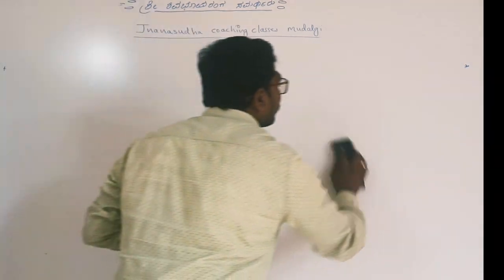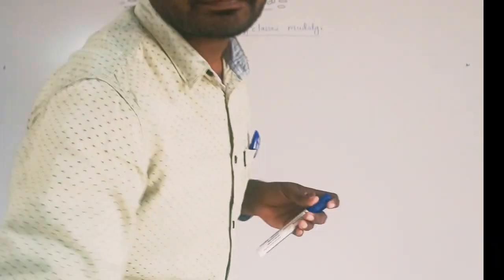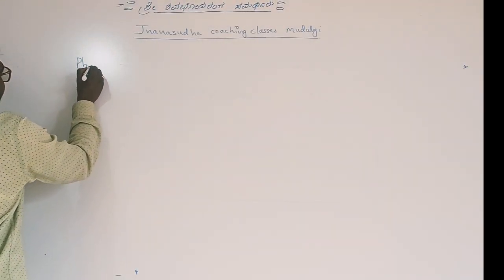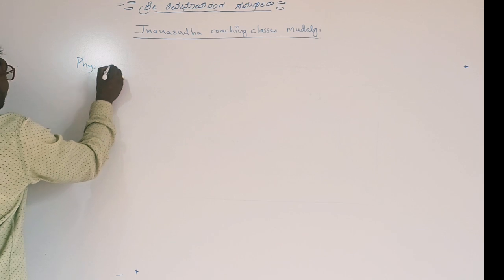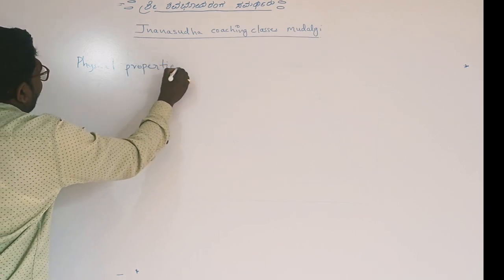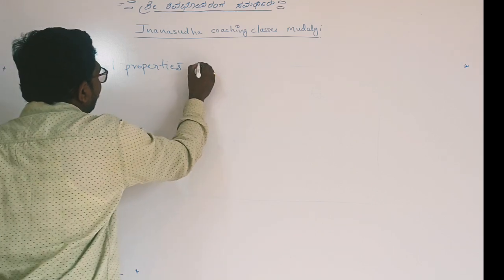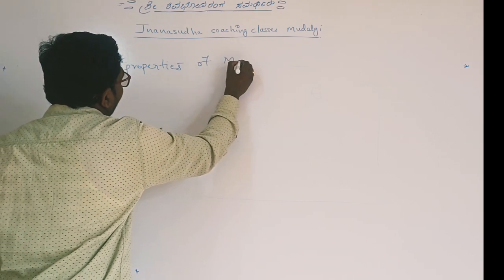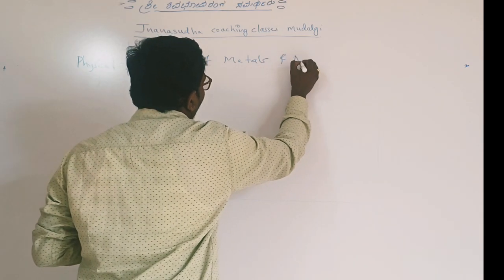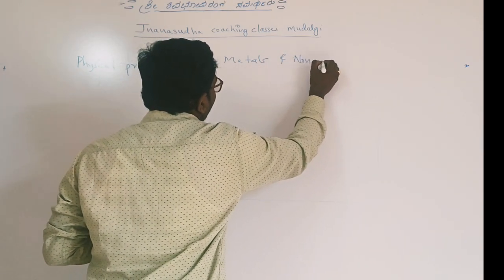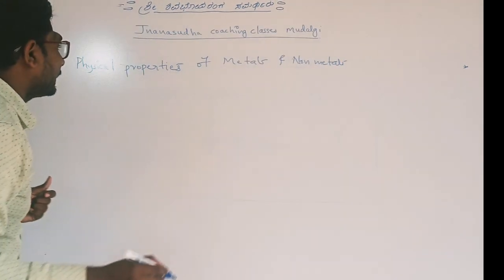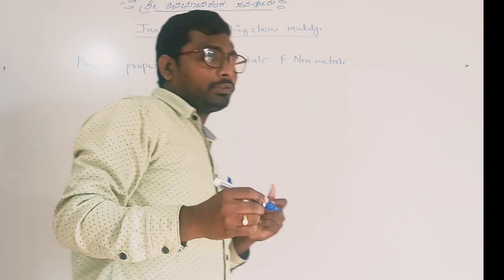Please note down: physical properties of metals and non-metals. We are studying both metals and non-metals. You will make two columns.